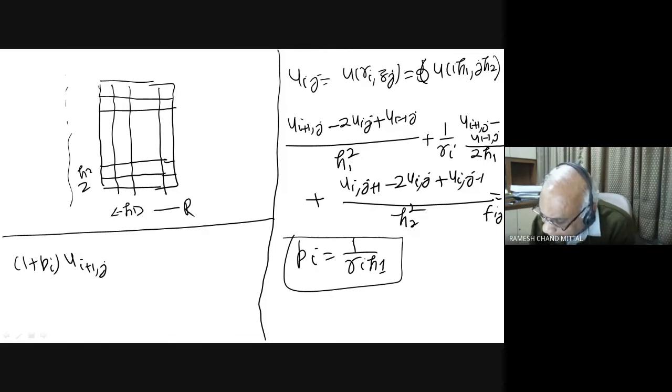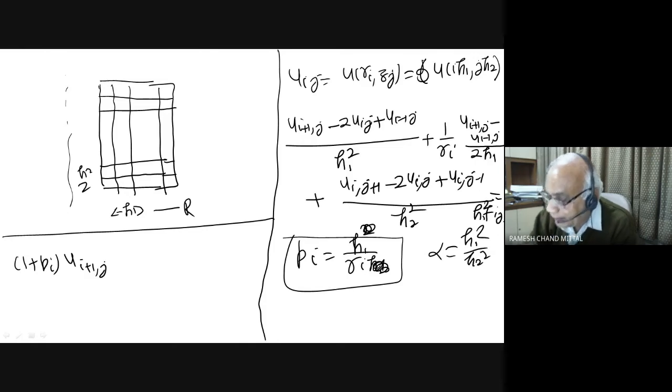So this becomes H1 upon Ri, and alpha equals H1 squared upon H2 squared, and H1 squared Fij comes here. I hope you understand, because I multiplied by H1 squared.